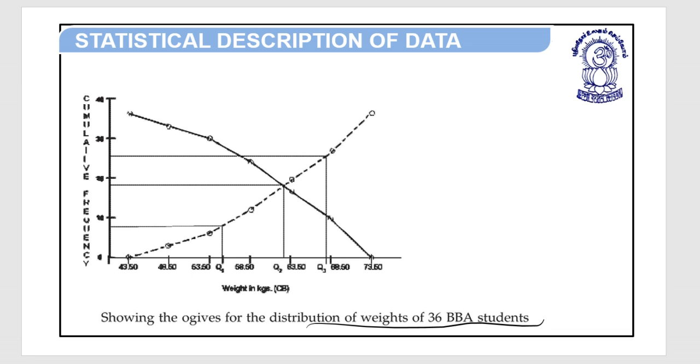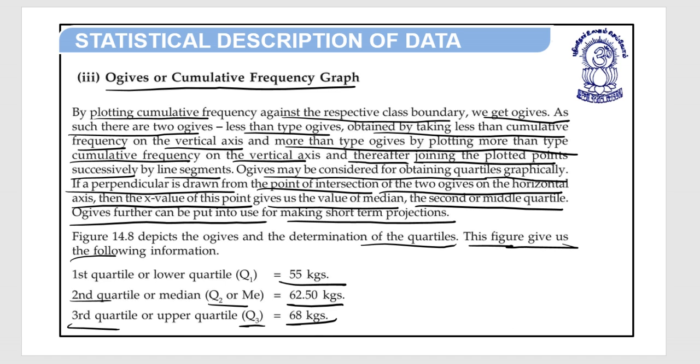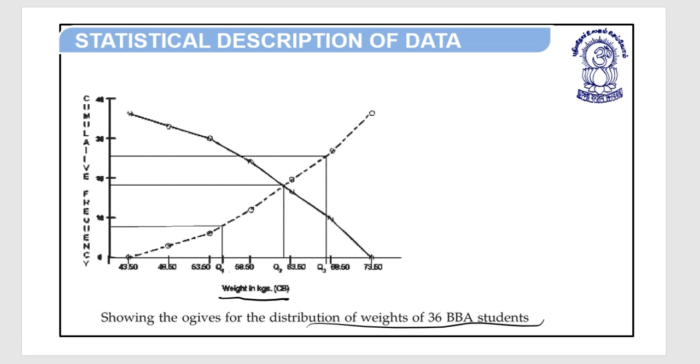On the y-axis is cumulative frequency and on the x-axis weights. Here we get the point Q1 at 55 kg.